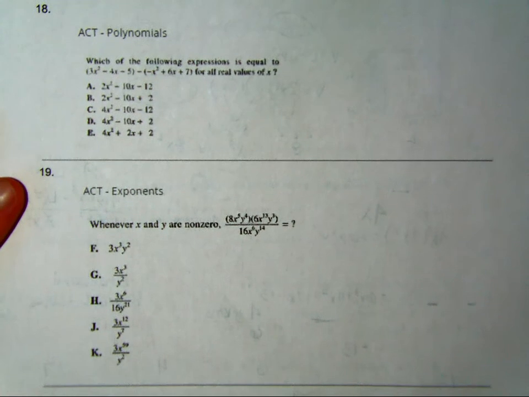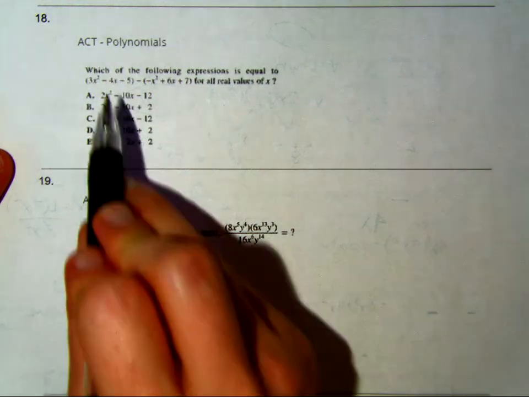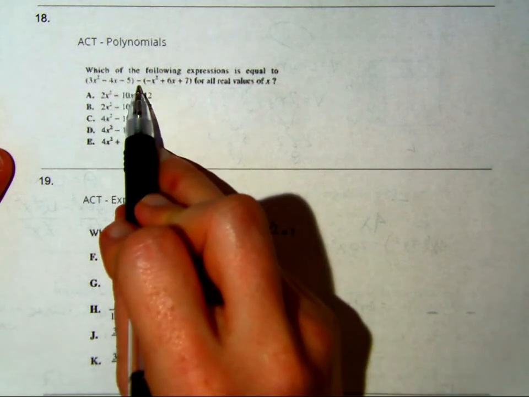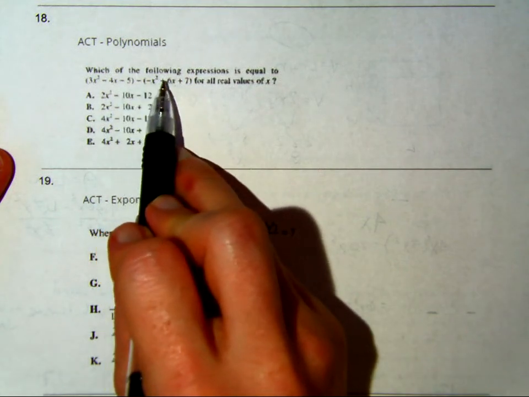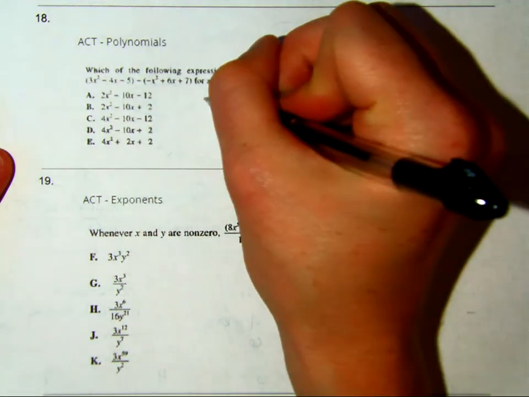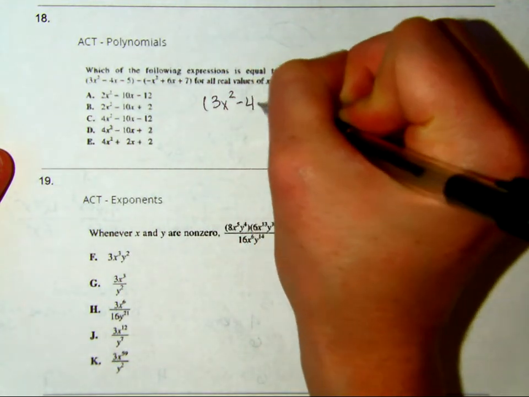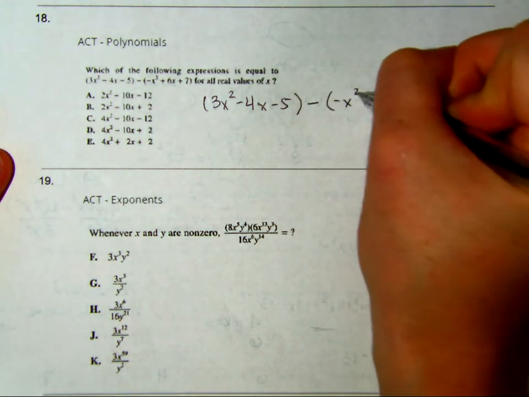Okay, 18. ACT question. Which of the following expressions is equal to this minus this? Okay, so the thing that you really have to be careful about is you have to distribute this negative sign. So you're saying I'm actually subtracting each of these terms. So if I have 3x squared minus 4x minus 5, I'm subtracting negative x squared plus 6x plus 7.